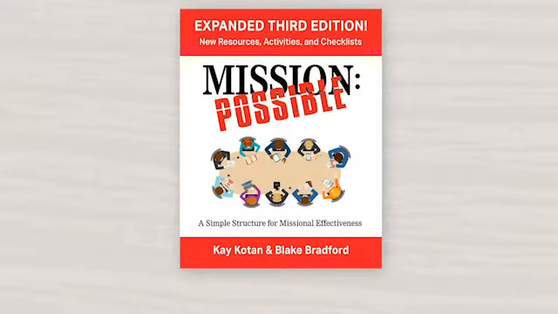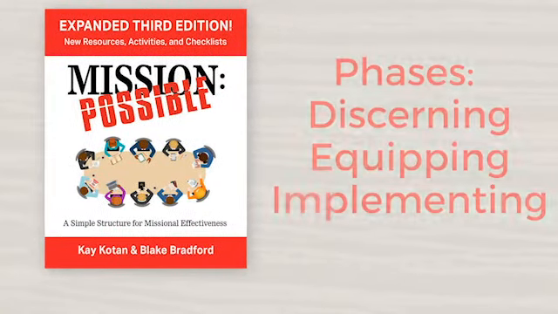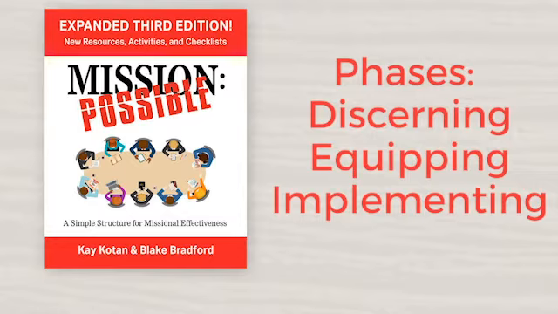So, if this is something that you're interested in, I recommend that you pick up a copy of Mission Possible. Make sure you pick up that third edition. It's the most complete edition that has just come out in July of 2021. It is now formatted in the 3 phases of, again, discernment, equipping, and implementing.